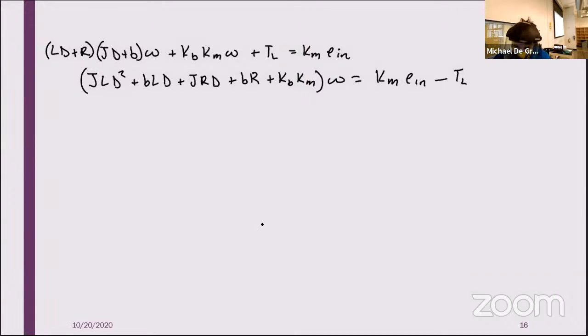Like I said, we can transfer function this. Our input is E in. Well, we got two inputs, we got E in and we got T L. Our output is omega, so we can once again create our transfer function.